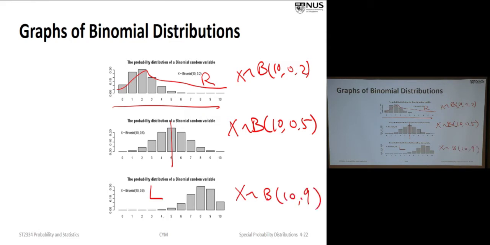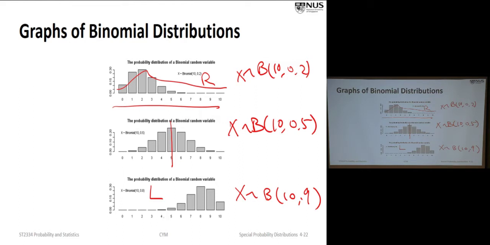It's very simple. When p, the probability of success, is very high, close to 1, like in the third graph where p is 0.9, the chance of success is so high that out of 10 trials you will likely have a bigger number of successes. That's why the probability towards the large x value is big.